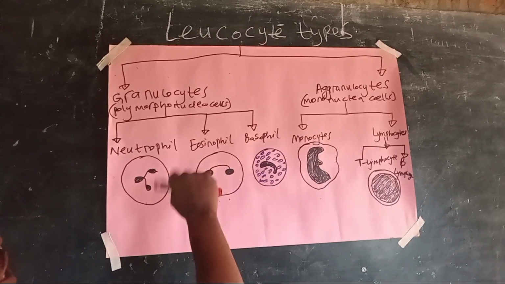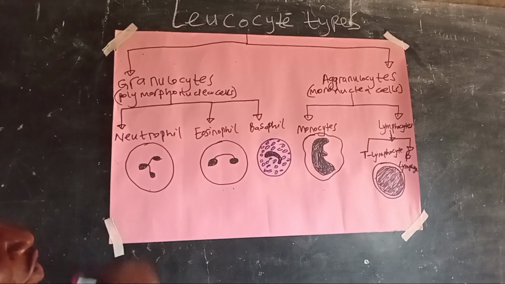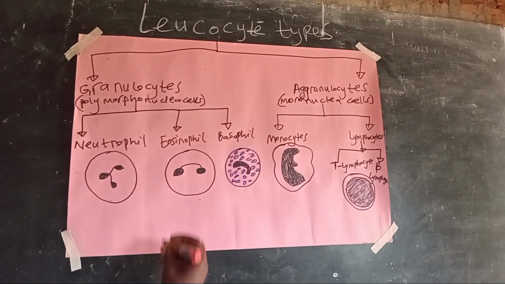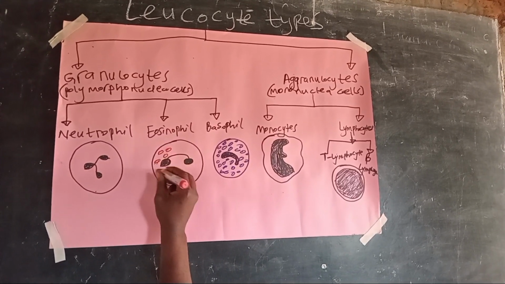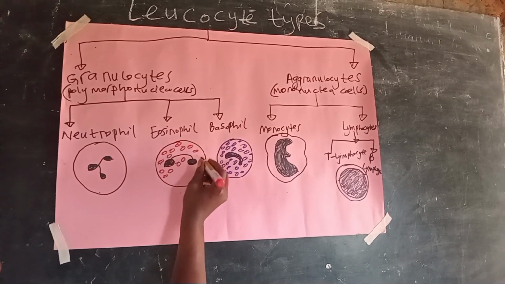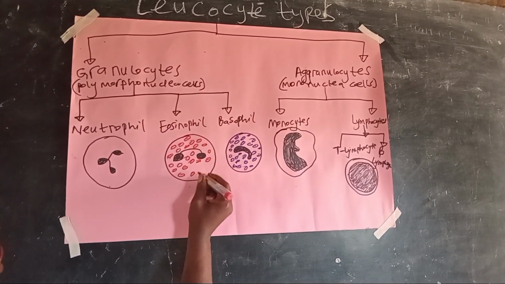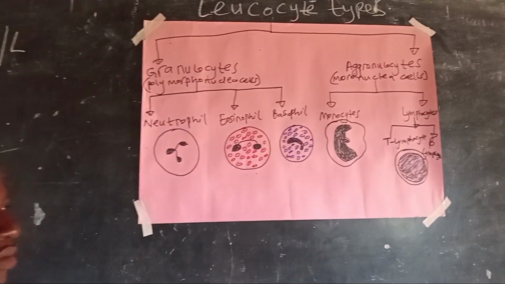They take up the eosin content that is contained in the Romanovsky stain, which is red or pink. So this is the staining characteristics of the granules.